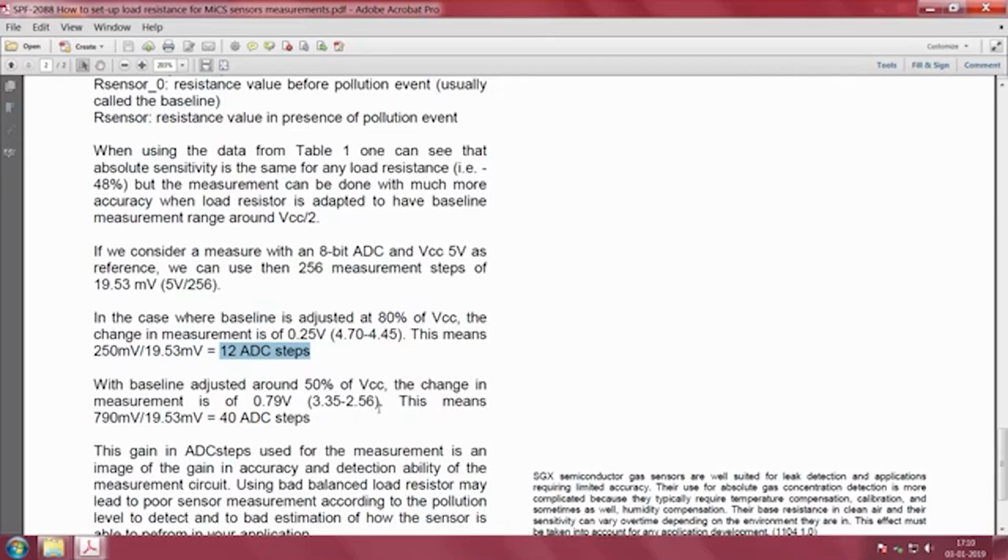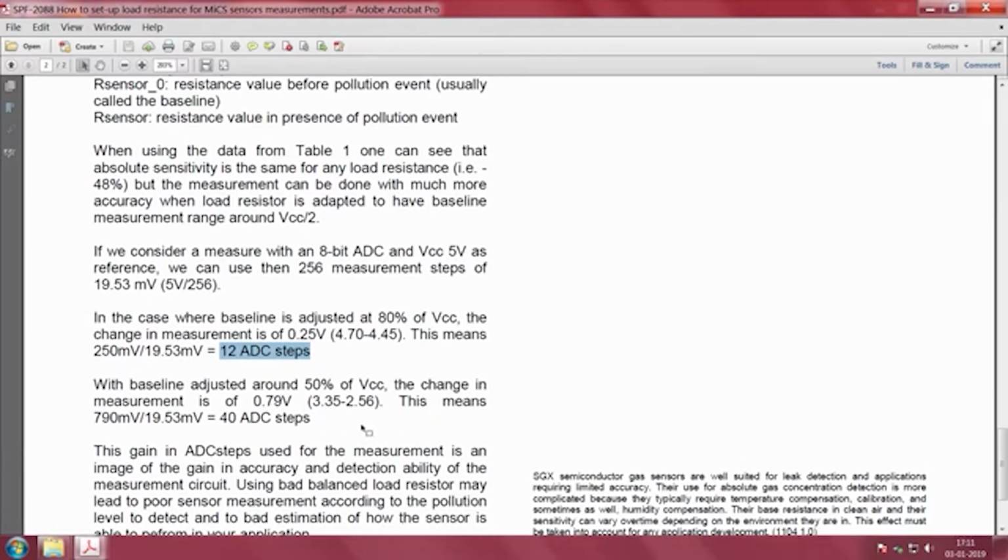But if you put it back to 50% of VCC, you can go from 2.56 to 3.35, and you can get a step of 0.79, right. This means 790 millivolt divided by 19.53 millivolt, which is 40 ADC steps.